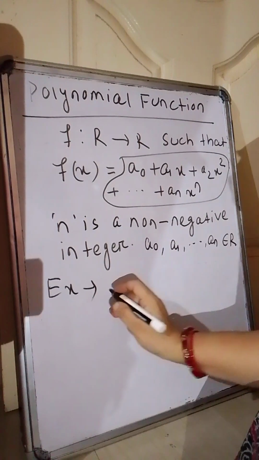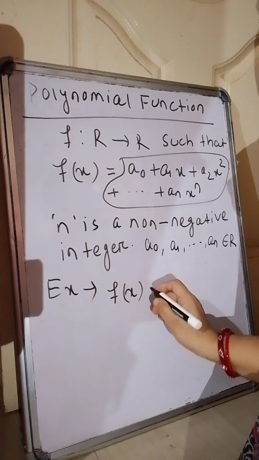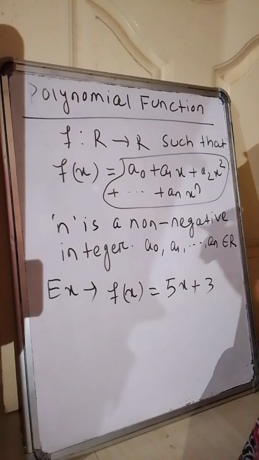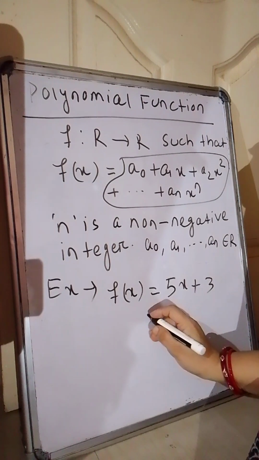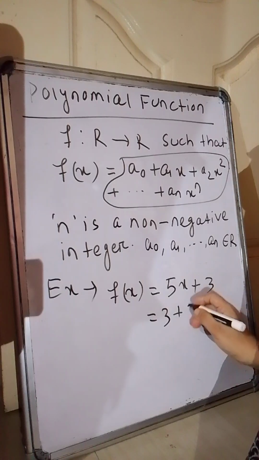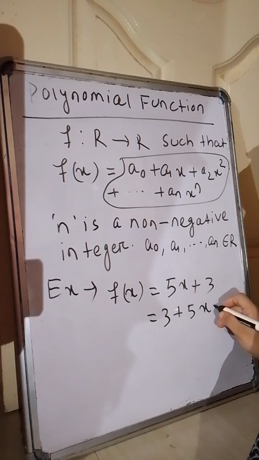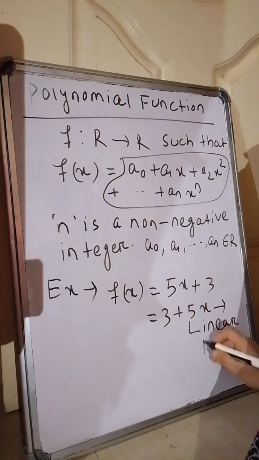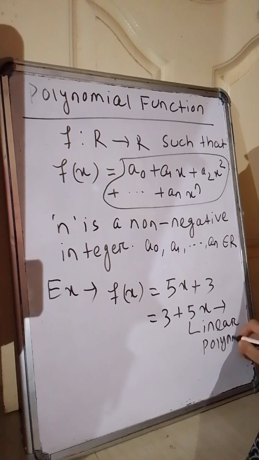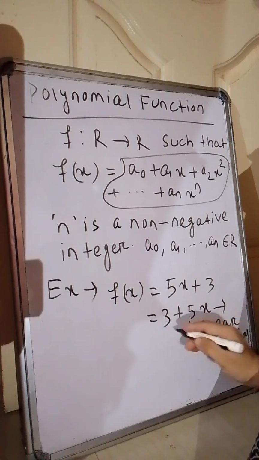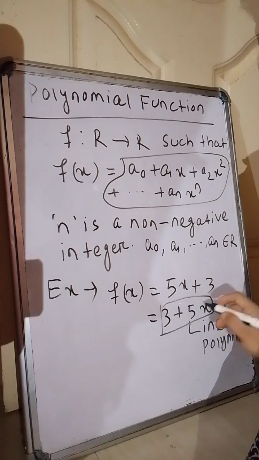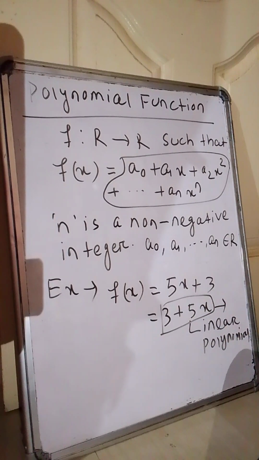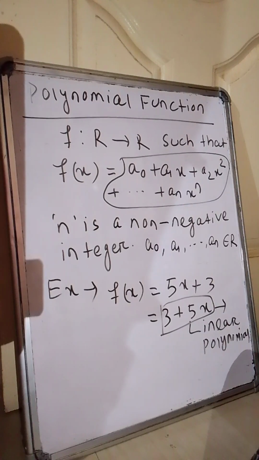For example, if you write a function f of x equal to 5x plus 3, or you can also write it like this, 3 plus 5x. Now this is a linear polynomial. Why is it a linear polynomial? Because the degree of the polynomial is 1. Here degree of the polynomial means the highest power of x.